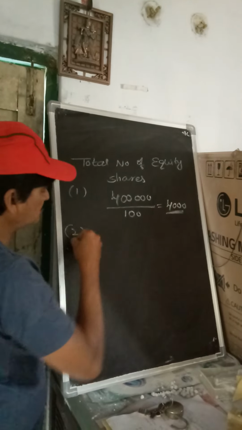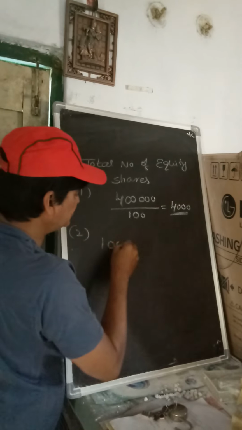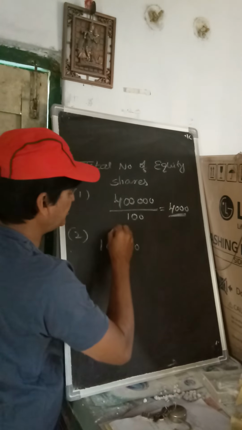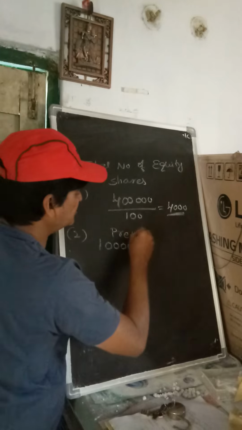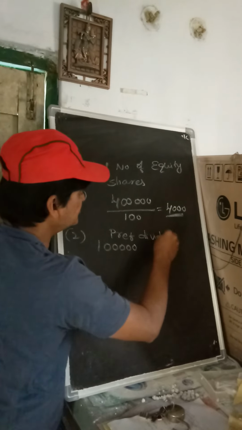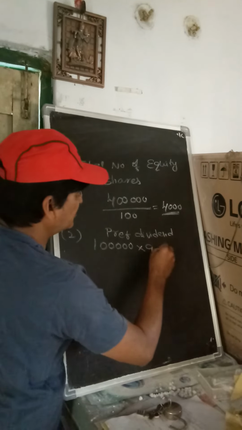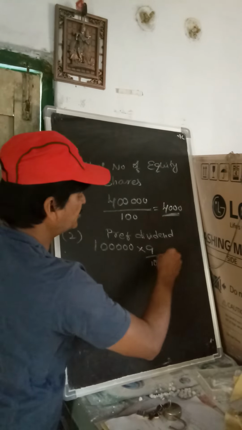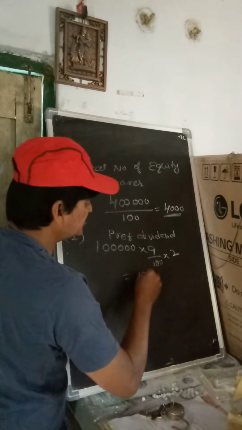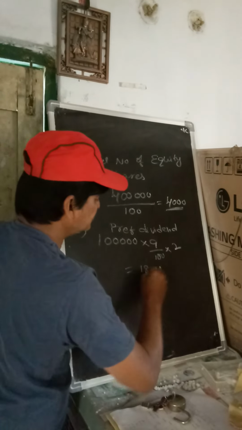Then the second working note: preference dividends are outstanding for 2 years. This is the adjustment which is given. 1 lakh into 9% into 2 years means 18,000 is outstanding for preference dividends.